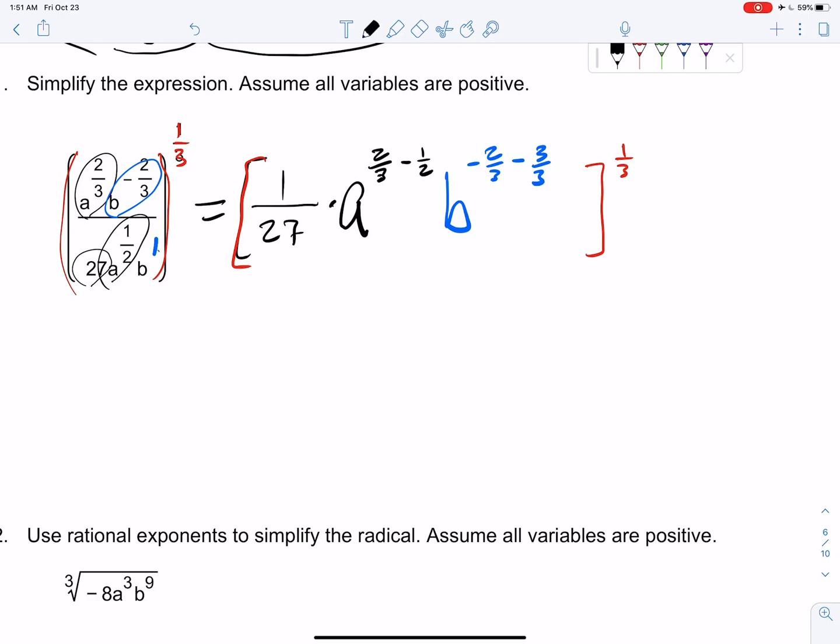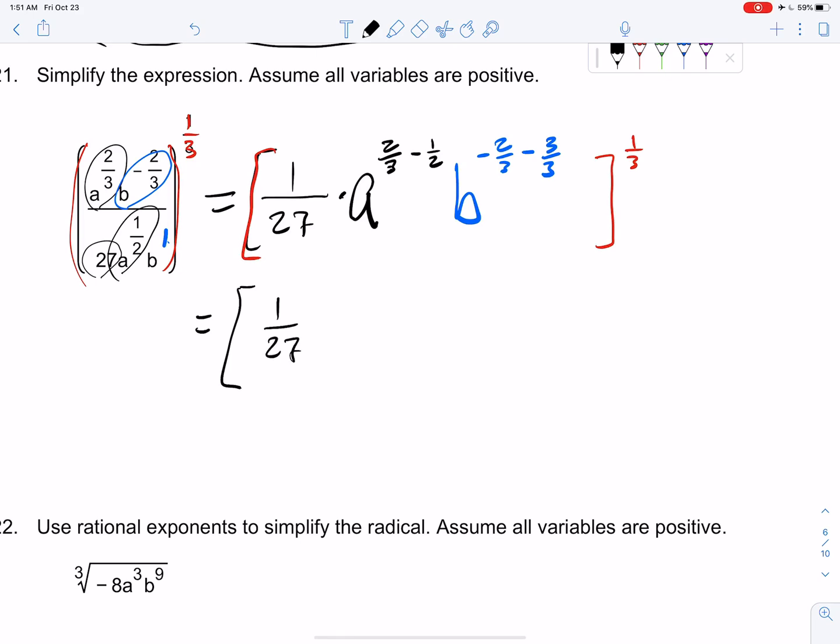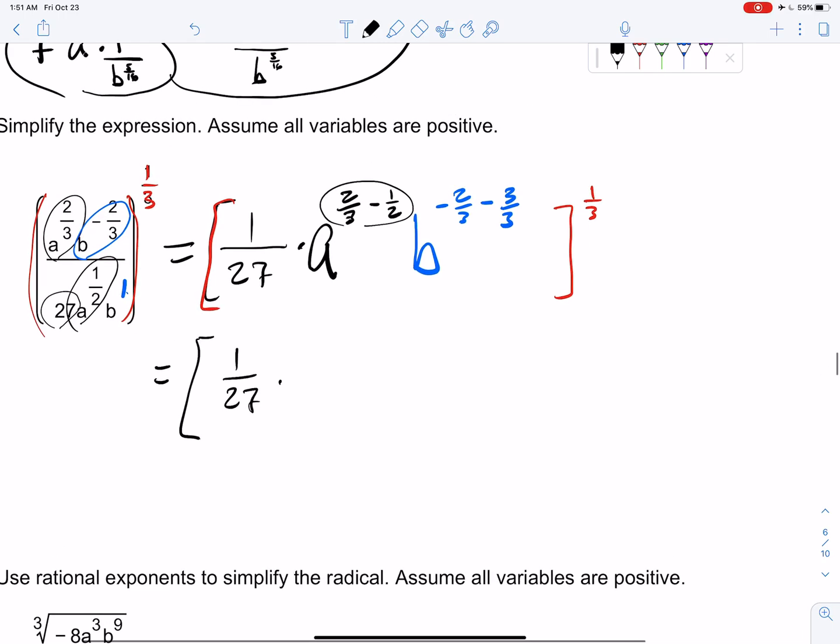All right, so let's go ahead and simplify that. I still have 1/27. Let's work this on the side here. Of course, this is just arithmetic. We do have to have a common denominator, which would be 6. 3 times 2, so 2 times 2. So 4/6 is the same as 2/3, and 3/2 is the same as 1/2.